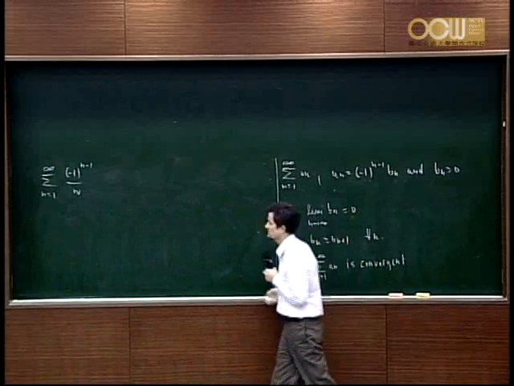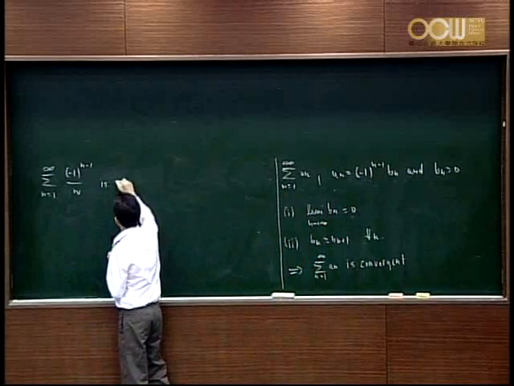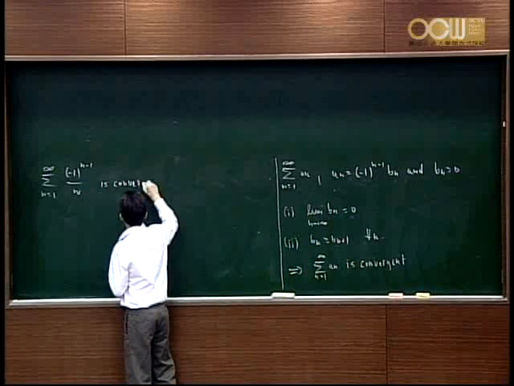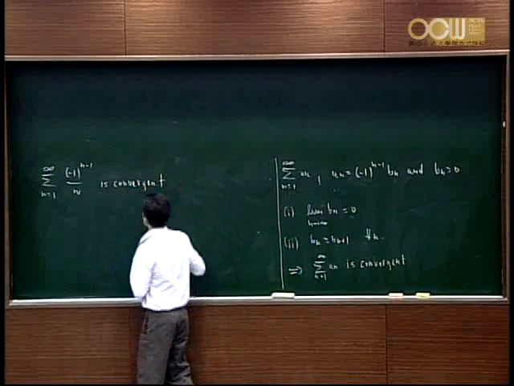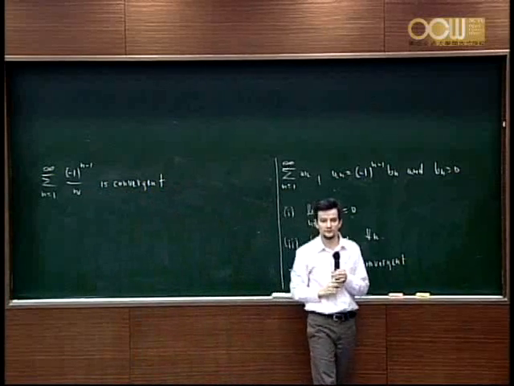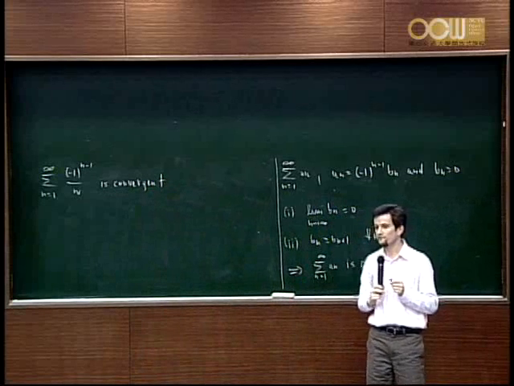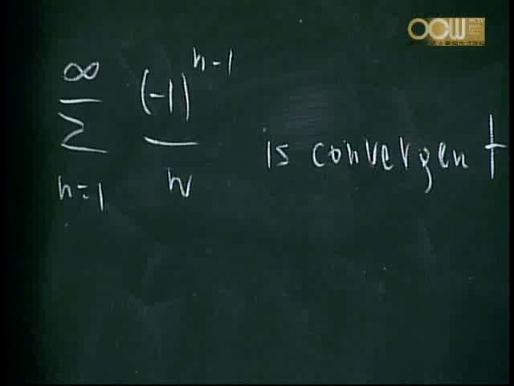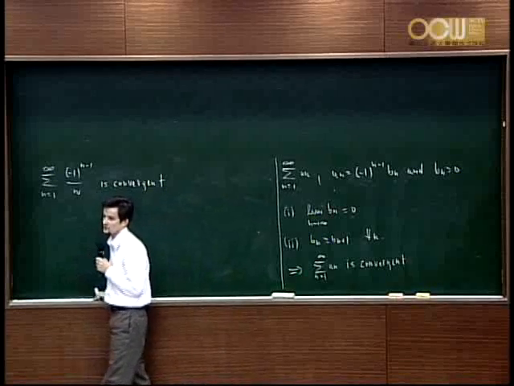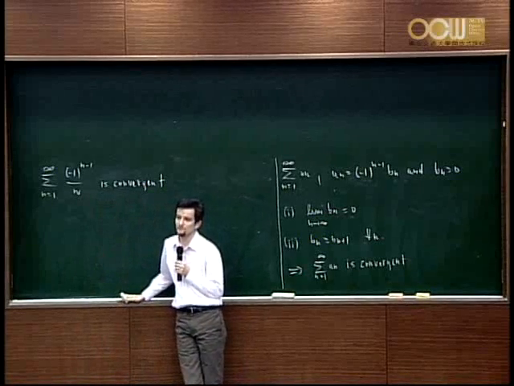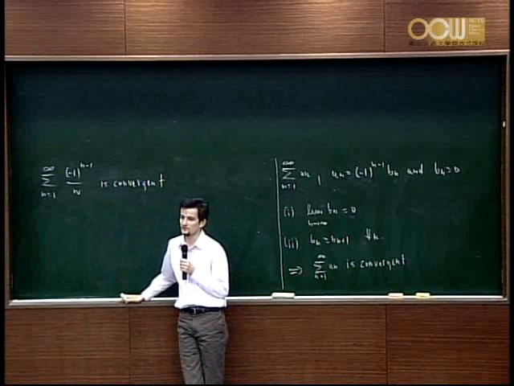So obviously by this test. Of course, a good question would be, okay, what is the value? Now, for this series, it's possible to compute it. But the computation is quite tricky. This is one of the examples in our textbook in this chapter 1.5.